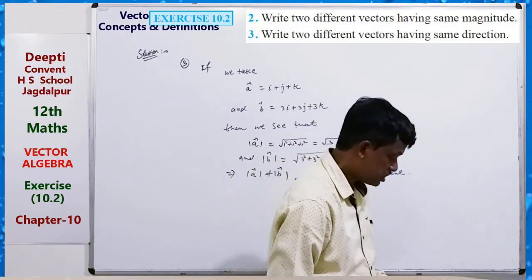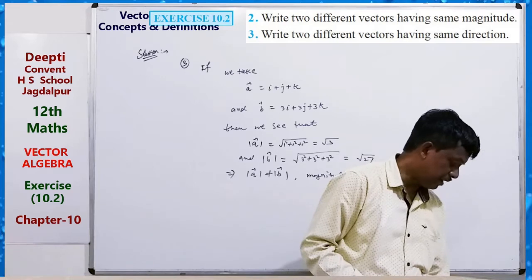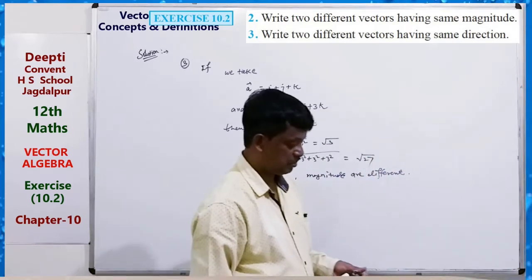So they are different vectors, magnitude is different, but directions are same.